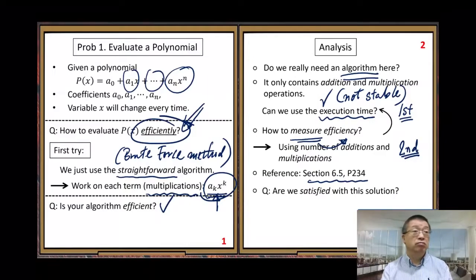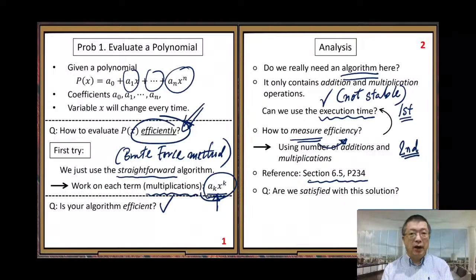The reason is simple: the brute force method is the only algorithm we know. If we are not satisfied, we do not know how to do better than that. Nobody knows how to do better, so we have no reason to say we're not satisfied. That's probably the obvious reason, so most students may like to say yes.